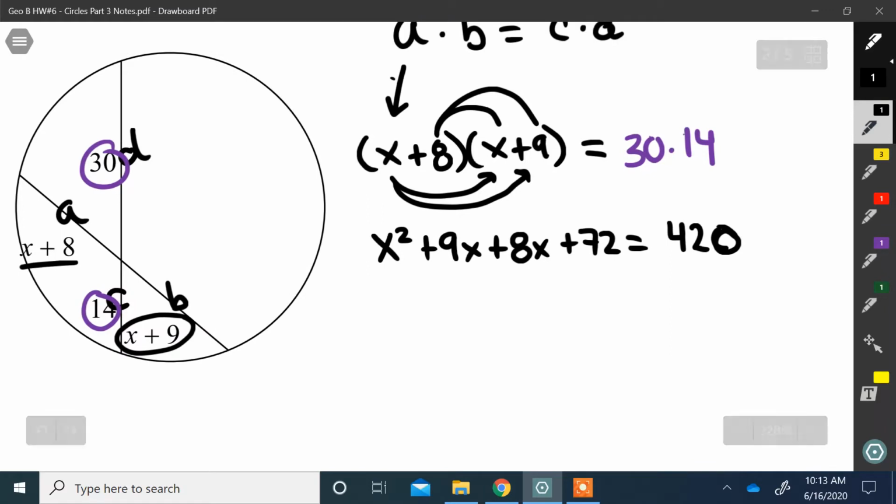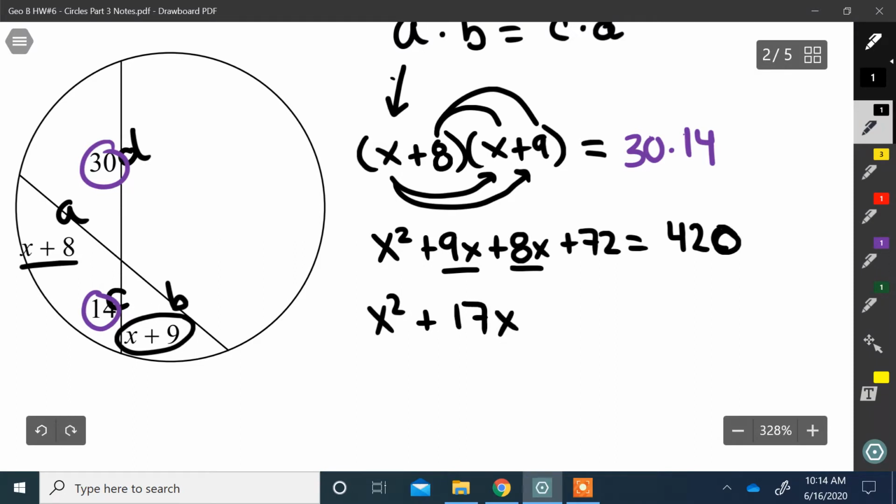Then let's actually combine this one with this one here. 9 plus 8 is 17x. And then I subtract there 72 minus 420. That's going to be negative 348 is equal to 0.